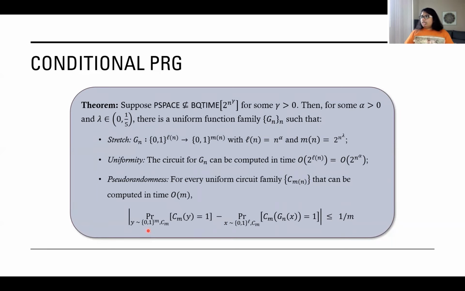You have some function family that has this kind of stretch for a seed of this length. It's uniform, so it has to be efficiently computed, and it's pseudorandom. So you need to show that a random string versus the output of the generator cannot be distinguished with high probability.